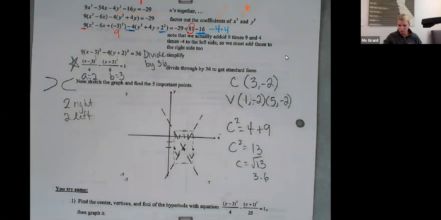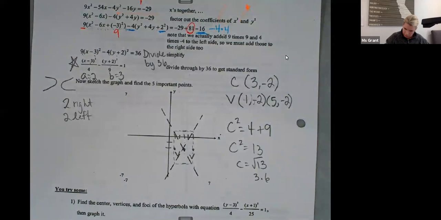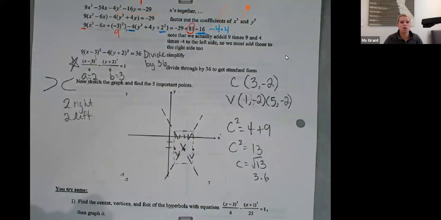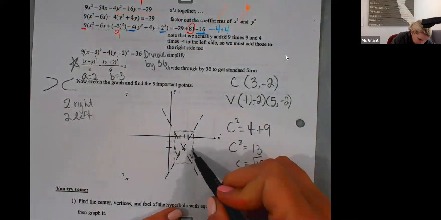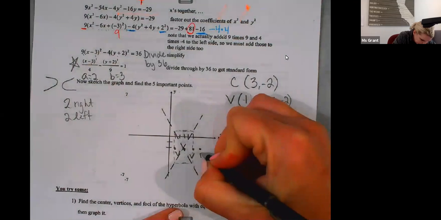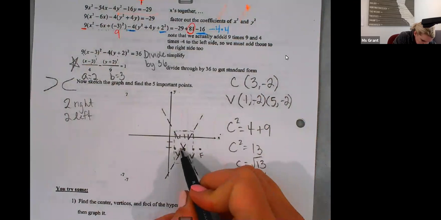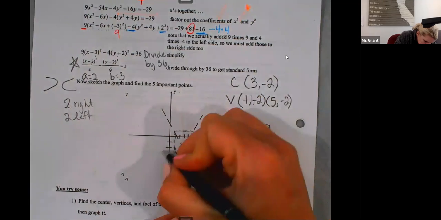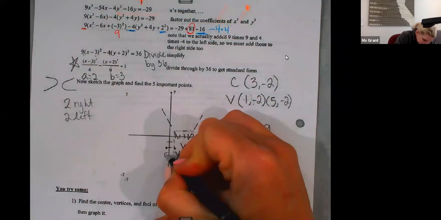So then I'm going to do, from my center, 3.6 to the right, 3.6 to the left. Okay, wait. 1, 2, 3.6. Foci.